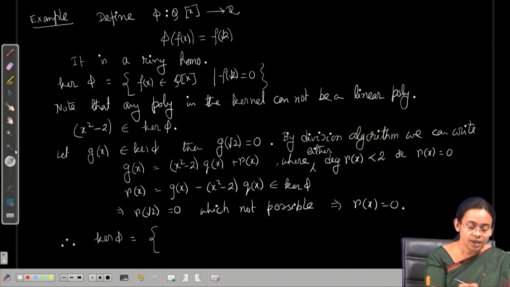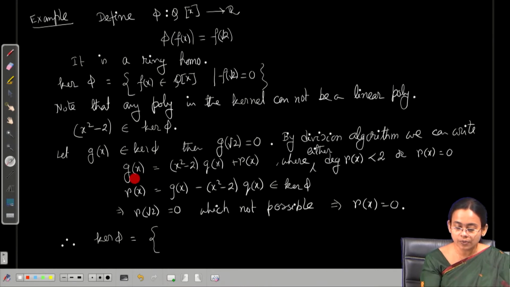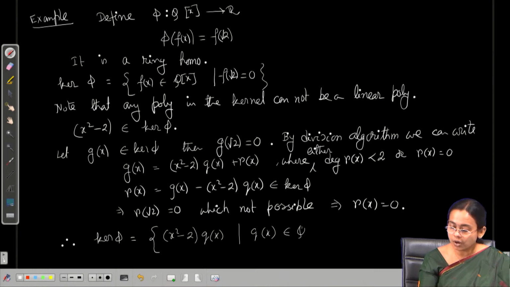That means that we have seen that g x will be of this form, where r x has to be equal to 0 now. So, therefore, g x is nothing but a multiple of x square minus 2. So, therefore, this kernel has this structure: x square minus 2 into q x, such that q x is varying over all the polynomials in the ring Q x.